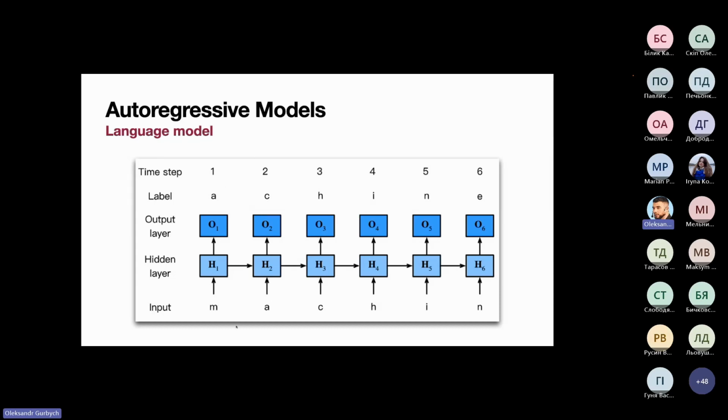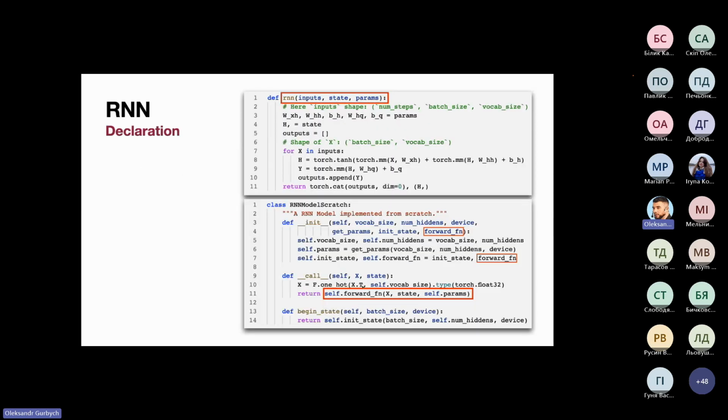You pass a vector of 30, where there will be 29 zeros and one at the place of its index. So you transform your inputs into a one hot vector, and you pass it to a forward propagation function.